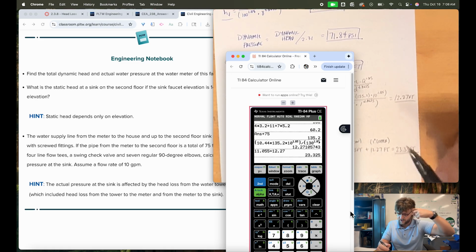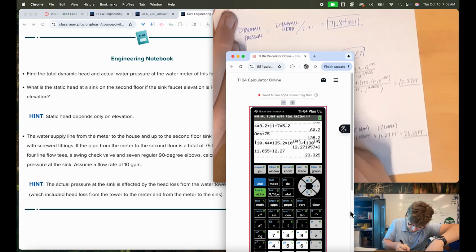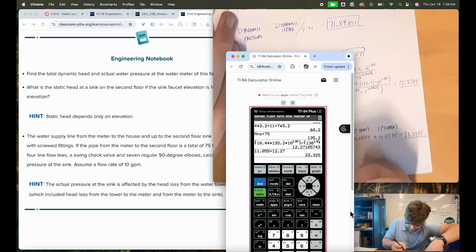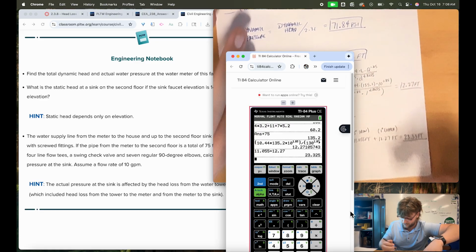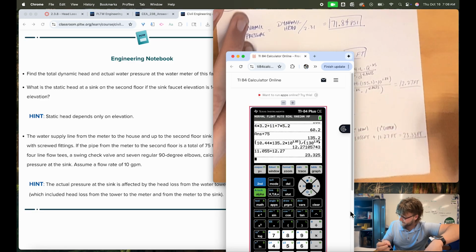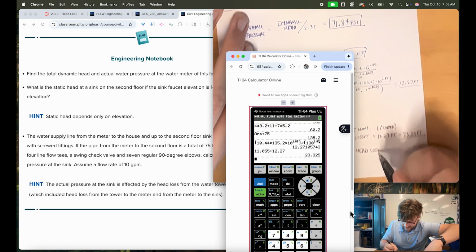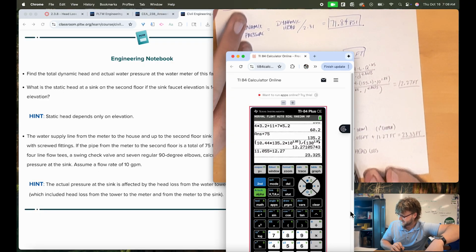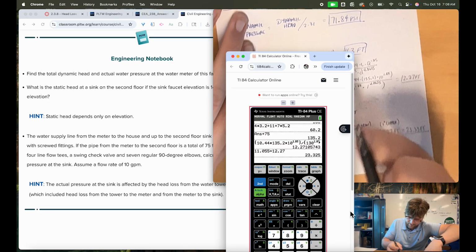And so now we can calculate that dynamic head. The dynamic head in total is going to be the actual water pressure, or the actual head is what we can call this. Now remember, that's the static head, and then that is minus our head loss. In this case, that static head is going to be the 163 feet that we've got here.